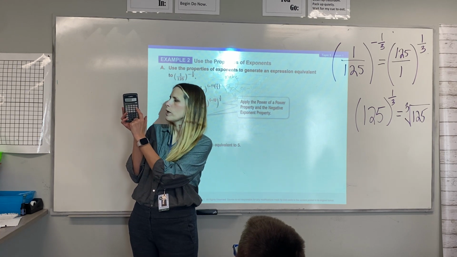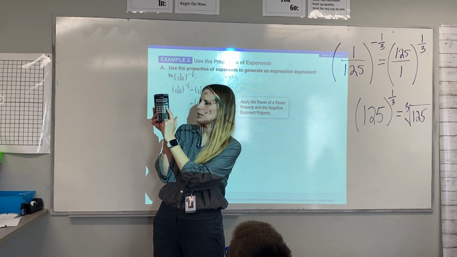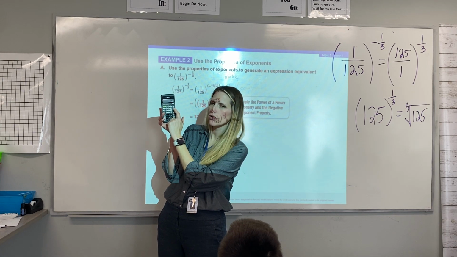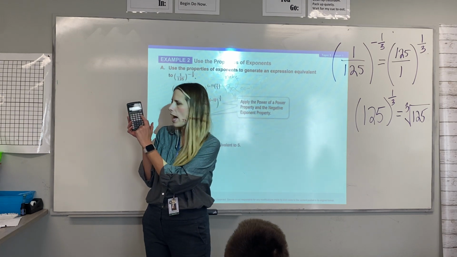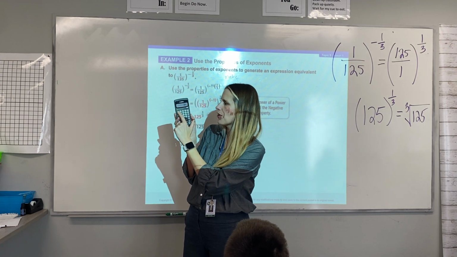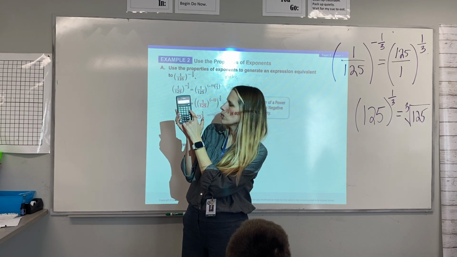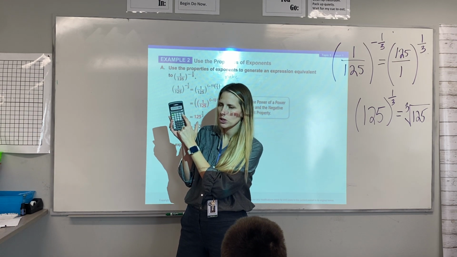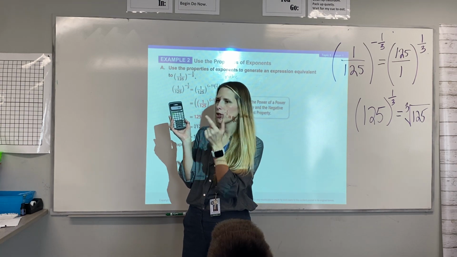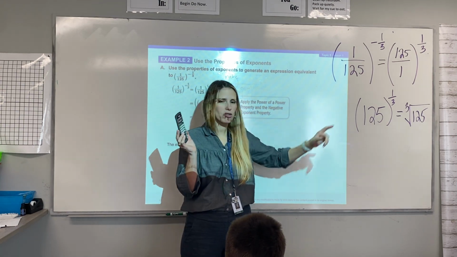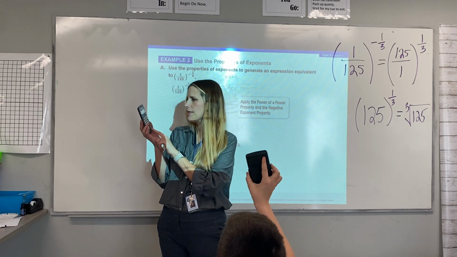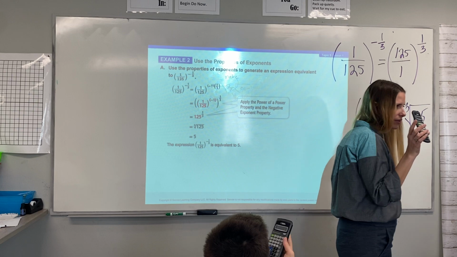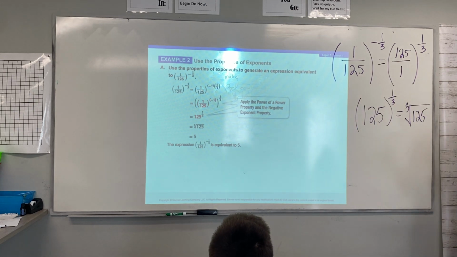Since we want the second function, the x root of y, we hit the second function button, then the button that says y to the x power, even though we're not doing exponents, we're doing the root above it. Then you type in what your root is, which is 3. I got 5. Everybody show me that you got 5.